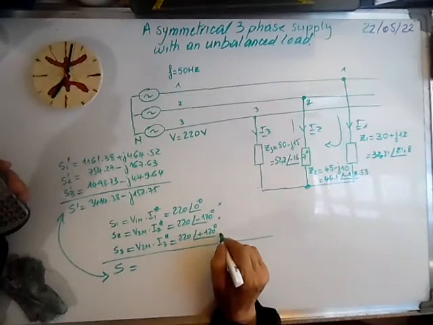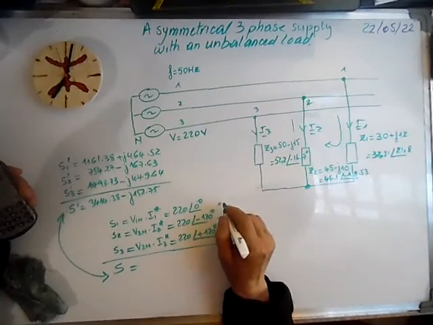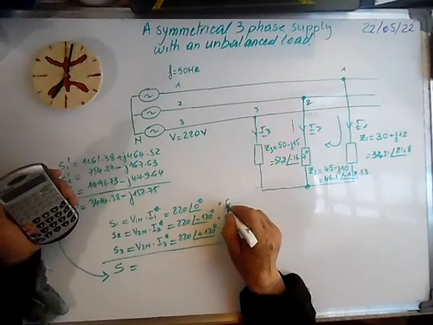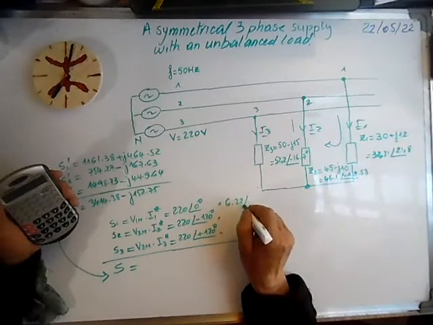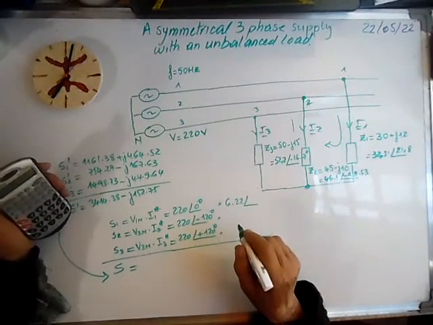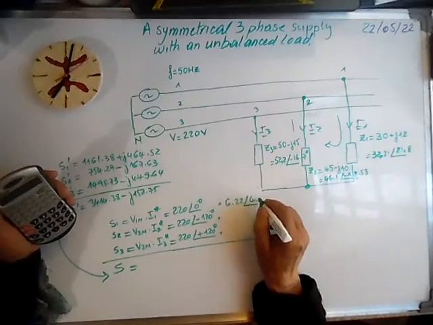I1 conjugate, I2 conjugate. I1 is 6.22, and the argument is 4.22.